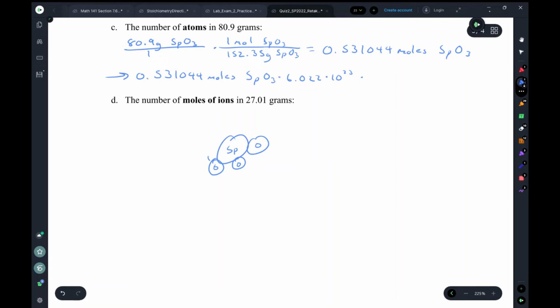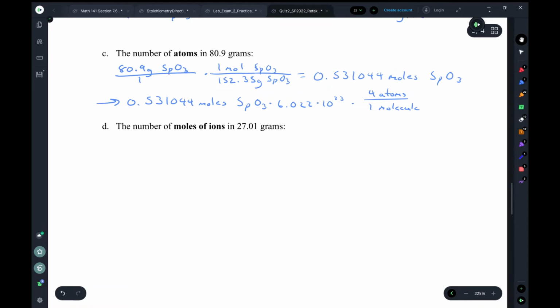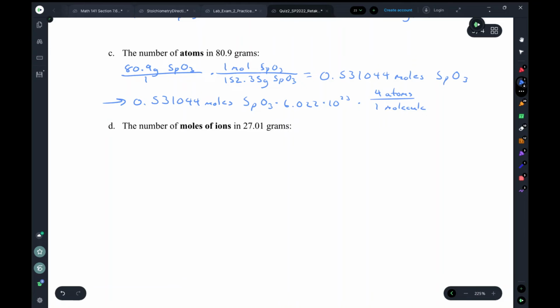Thus, it's going to be a total of 1, 2, 3, 4 atoms within one molecule. This will give us the answer of 1.27911 e to the 24 power atoms.